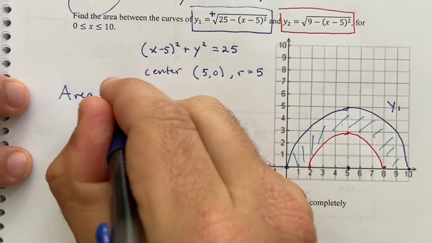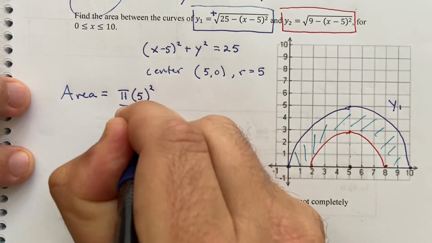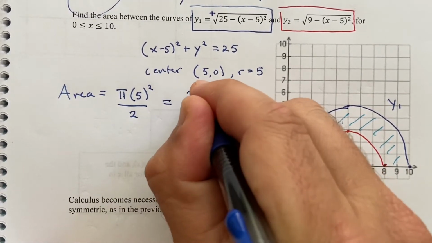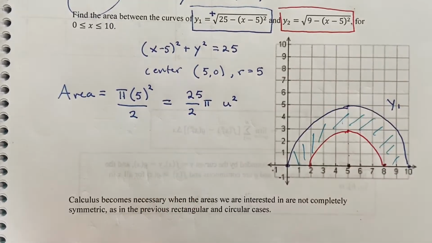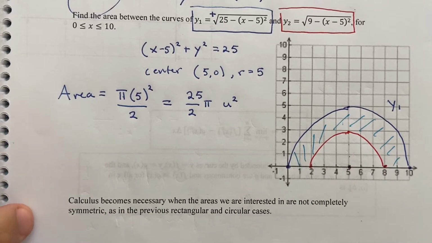So it'll be pi 5 squared over 2. In other words, it would be 25 halves pi square units. Right, pi r squared for a circle, and then I'm cutting that in half for this semicircle.